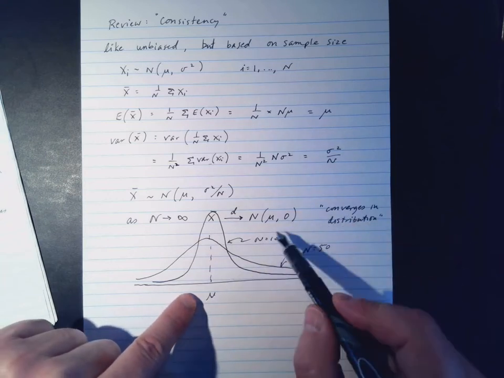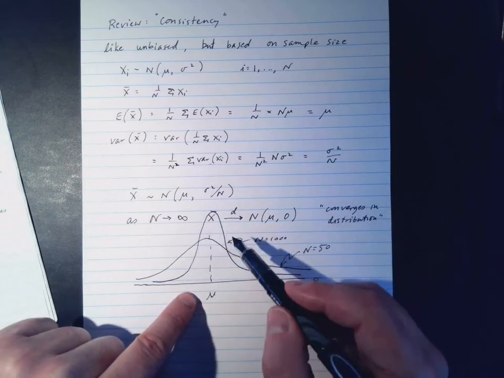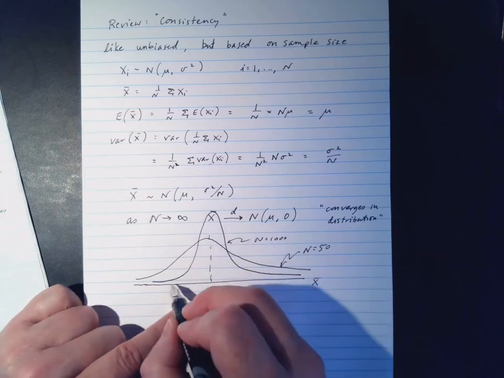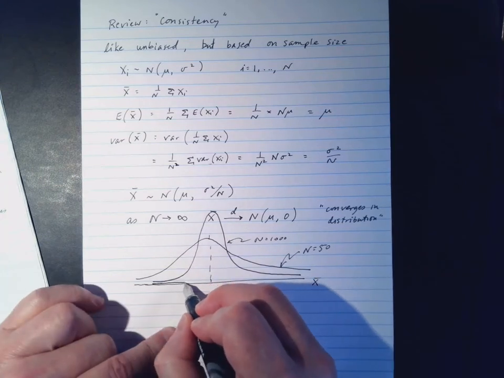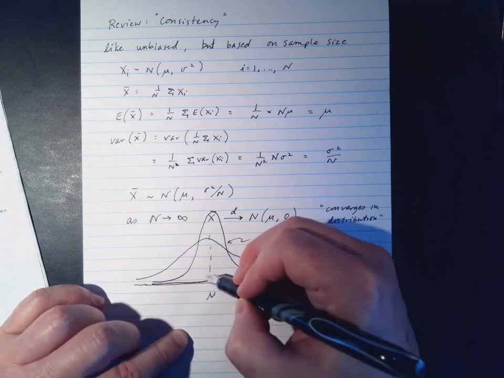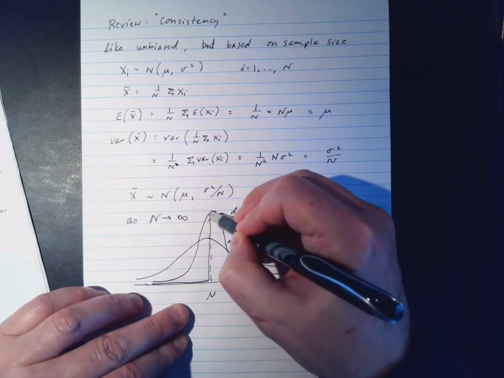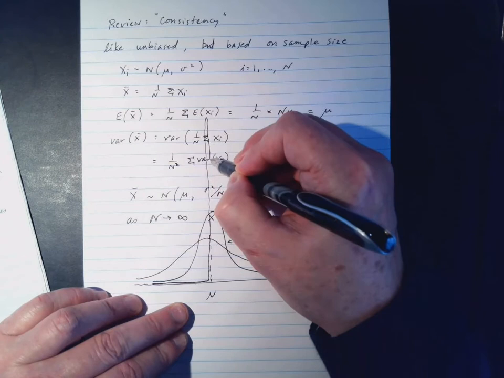And as n gets larger and larger and larger, the distribution just collapses onto a single point. It just becomes this giant spike.